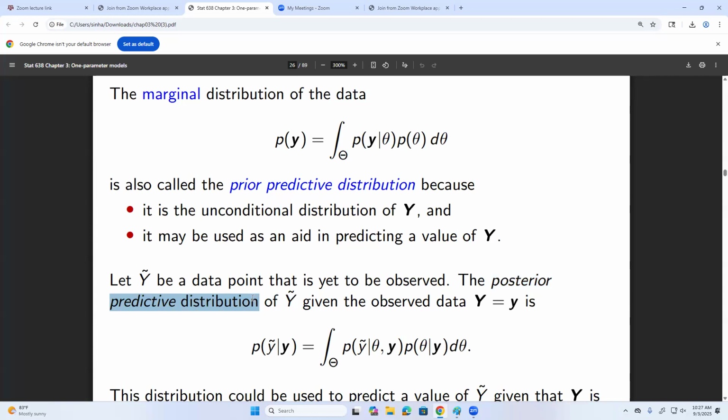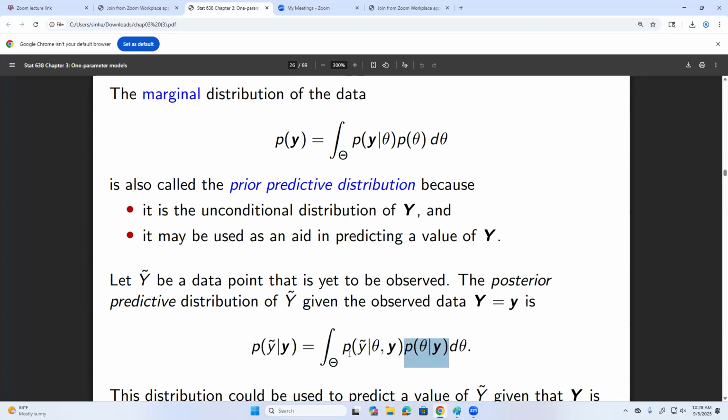Most important thing is how you can formulate the distribution of a future observation based on what you have observed. And that distribution is obtained as follows: P of y tilde given theta and y times P theta given y.